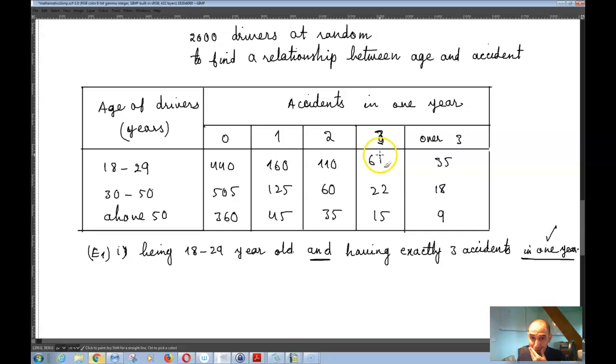Out of how many times? The total number of drivers.